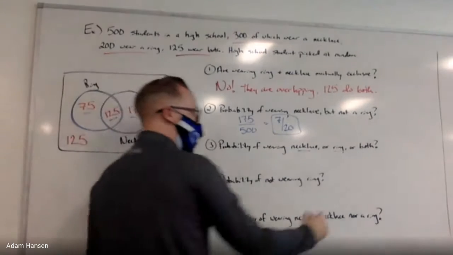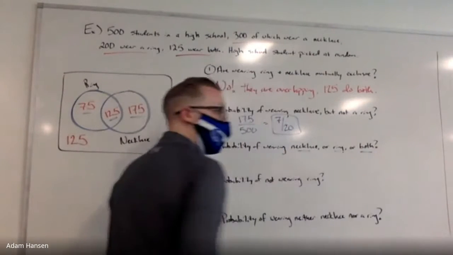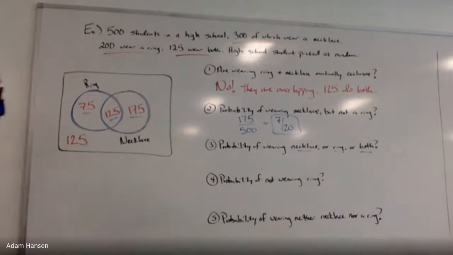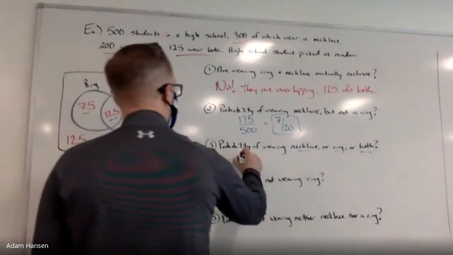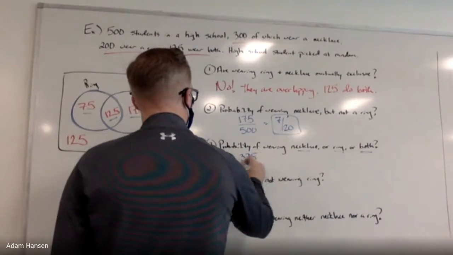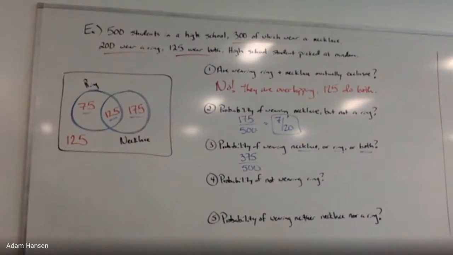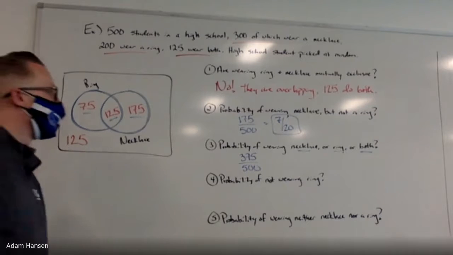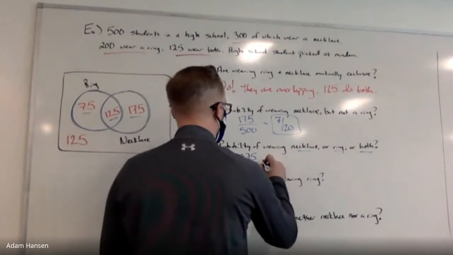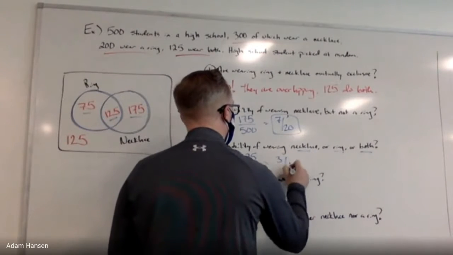How many students did I just underline? Add them all up. How many students did I just account for? 375. Out of about 500. Is that reduced down to 3/4? I divided by 25 to get 15 of 20, which is just 3/4.